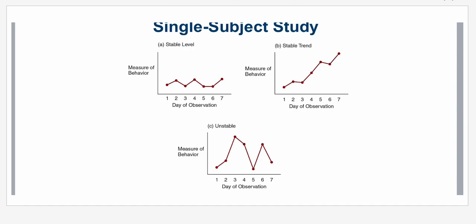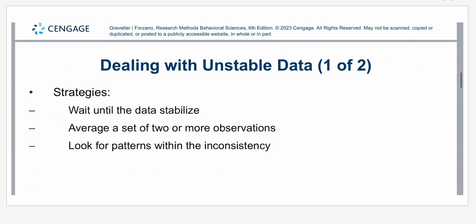So if this was our baseline in graph C, and then we introduced a treatment, we manipulated something, and we observed them again, and it was all over the place again. Well, we're not going to be able to view anything. There's no consistent pattern. So how are we going to be able to compare to see if it made a difference? There has to be an established pattern in order for us to determine anything.